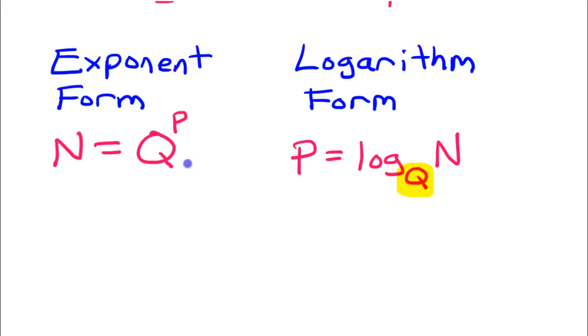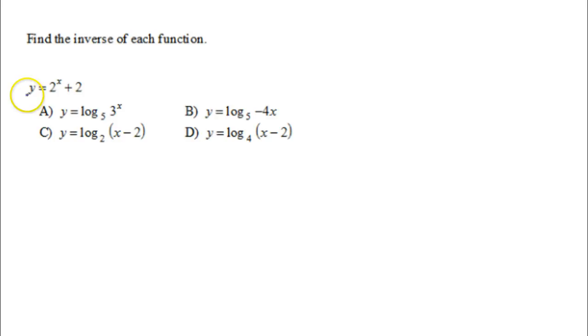All right, now we're ready to find the inverse of logarithmic expressions. Let's find the inverse of this exponential function. Anytime you're finding the inverse, it's going to involve two steps. Switch x and y, and then solve for y. So first let's switch x and y.